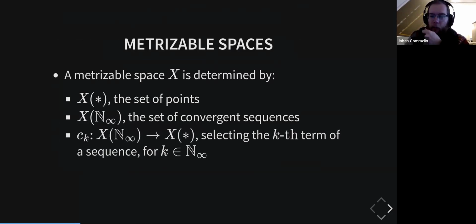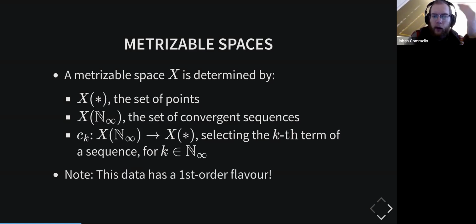And some extra data, namely, whenever you have a convergent sequence, an element of this set of convergent sequences, then you want to be able to know what was the kth term in the sequence and what was the limit point, etc. So you also need to remember all these maps from the set of convergent sequences to the set of points that send a convergent sequence to its limit point or to its first term in the sequence, etc. But once you have all this data, then you can recover X together with its metrizable topology.